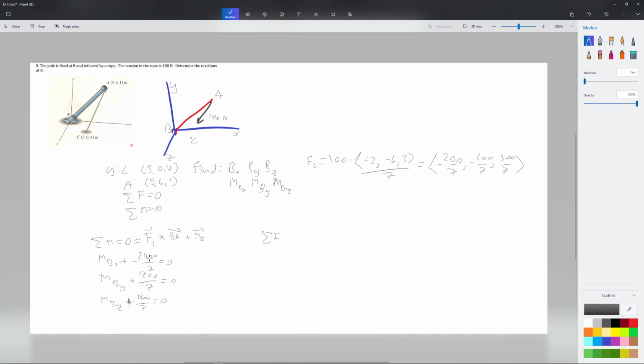Then for our other forces, we'll set up a force relation. The sum of forces equals 0. This one's even simpler. All forces in all directions will sum to 0. So we just get our Fc, which we found up here, in vector form, plus B, which is our Bx, By, Bz. And that gives us a similar looking set of equations down here, which is just Bx minus, in this case, 200.